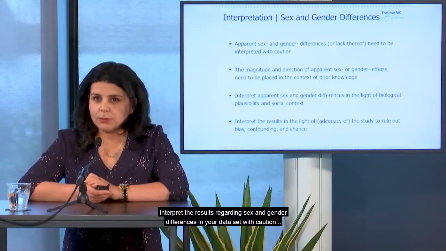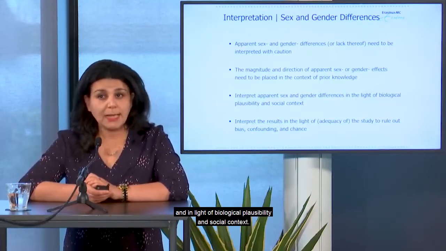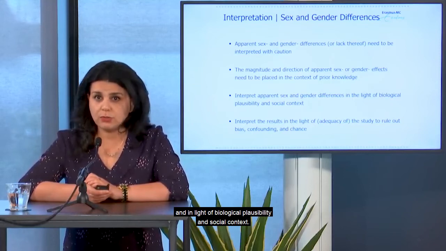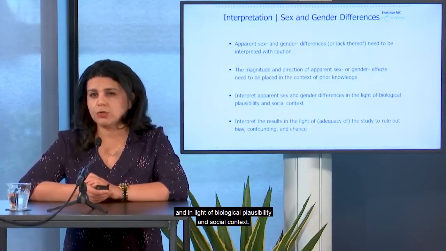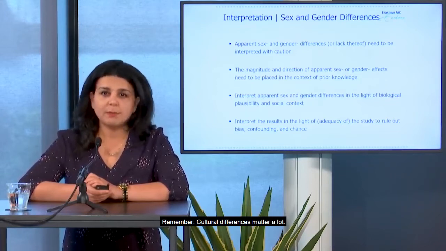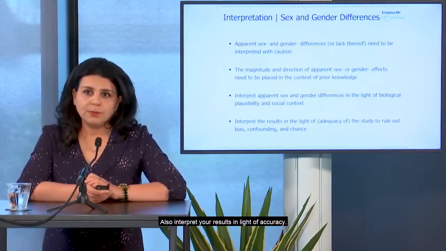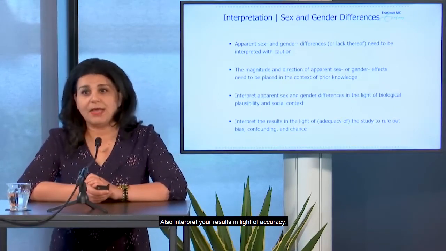Interpret the results regarding sex and gender differences in your dataset with caution and in the light of biological plausibility and social context. Remember, cultural differences matter a lot. Also, interpret your results in the light of accuracy.